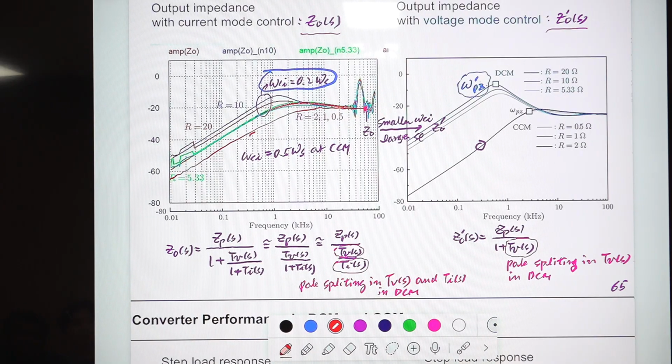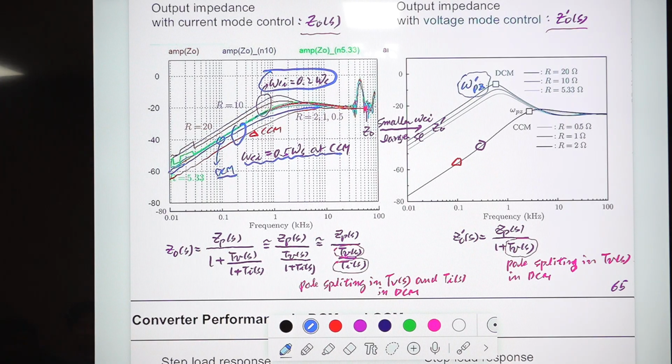So this one and this one will be similar. This is the CCM and the DCM case. The DCM case will be larger, but they remain the same. Okay, this DCM. So these two are with CCM and the DCM.